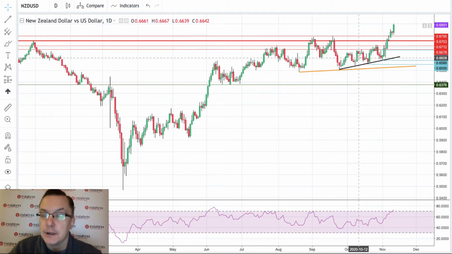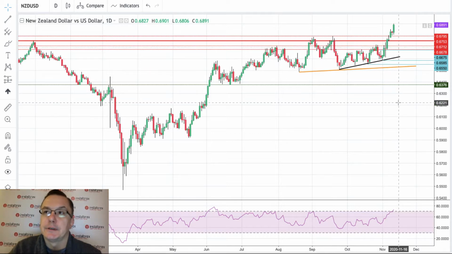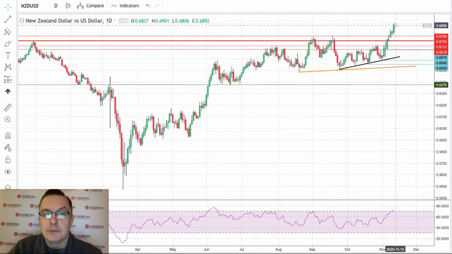It didn't work, and it was invalidated because of the level of 6,711, a pips violation. Then we abandoned our bearish view. If we abandon the bearish view, the other view is bullish, and as you can see, it pays off right now.